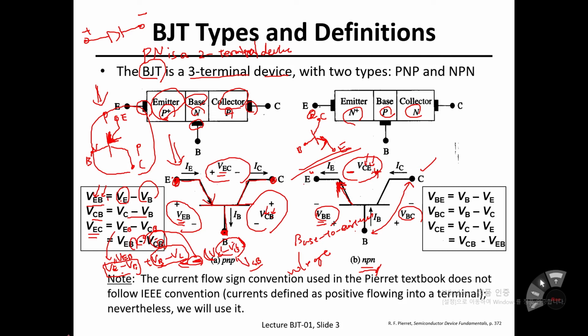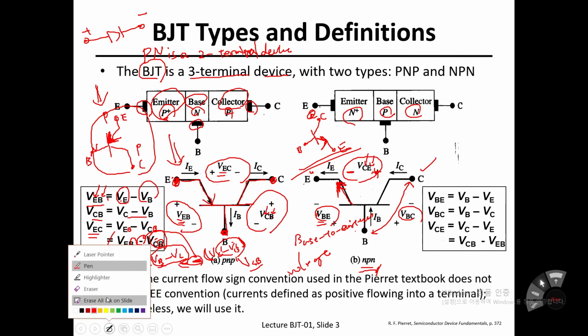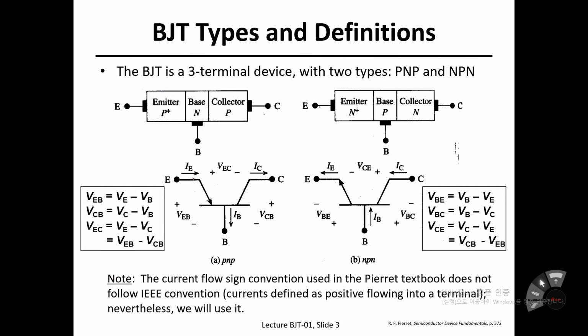All right, so I hope you all can simply understand and write down the voltage difference between two terminals in a three-terminal device. Okay. And now let's take a look at how to define the current flow in this PNP or NPN BJT device. So here IE, IB, and IC. So emitter current, collector current, and that is base current. So emitter current should be equal to the base current plus collector current. Why is that? It's a kind of Kirchhoff current law.